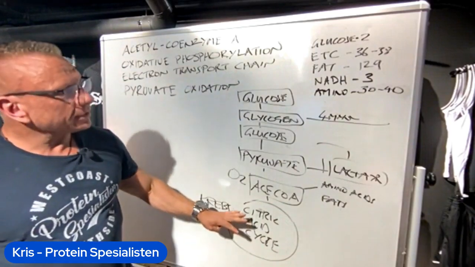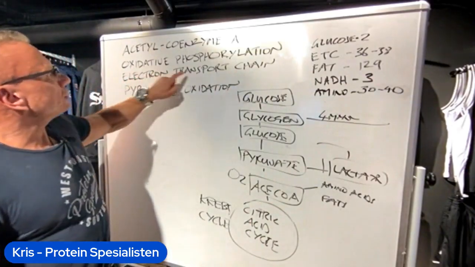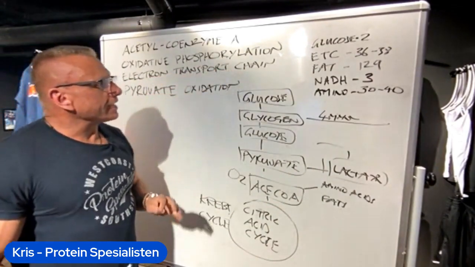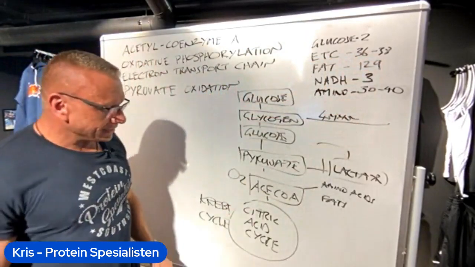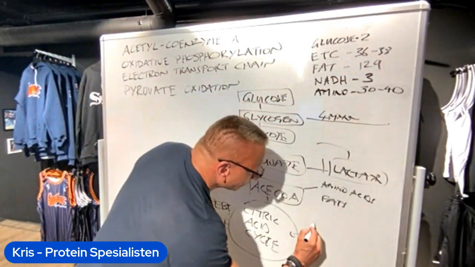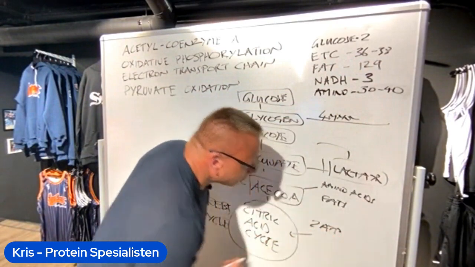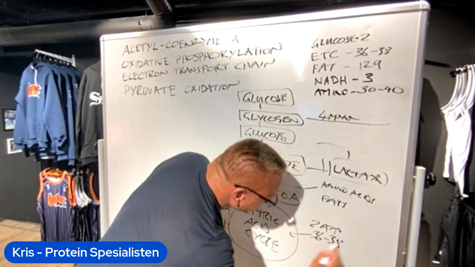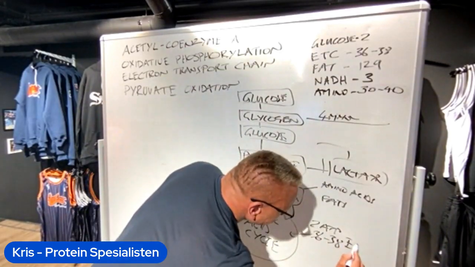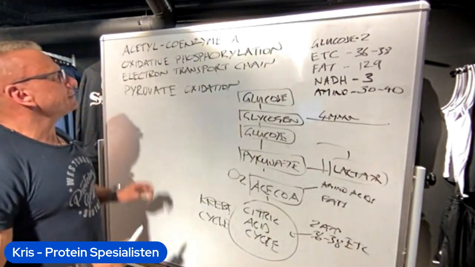In the mitochondria, we have something called the electron transport chain, and through that process we create 36 to 38 ATP. So we've got 2 ATP from carbs and 36 to 38 through the ETC, the electron transport chain.